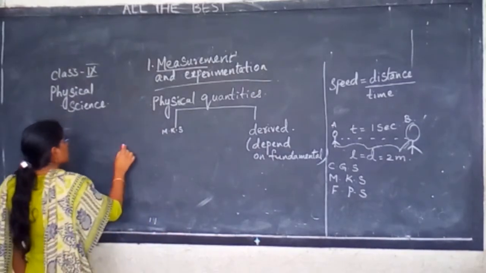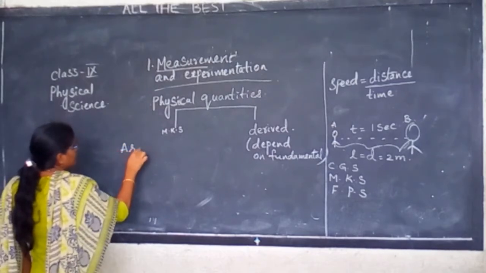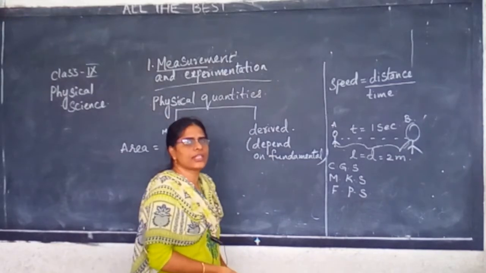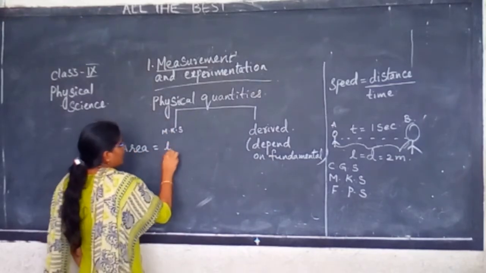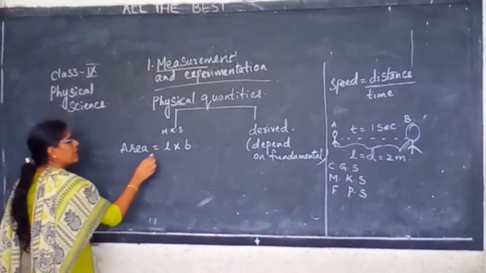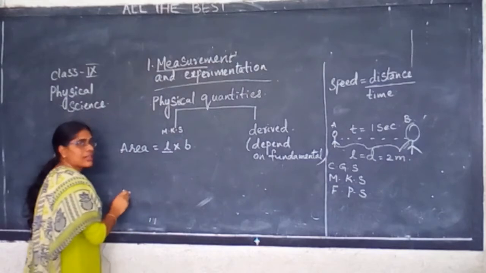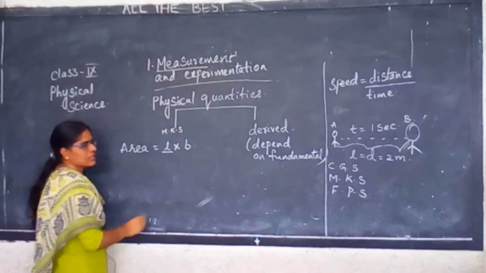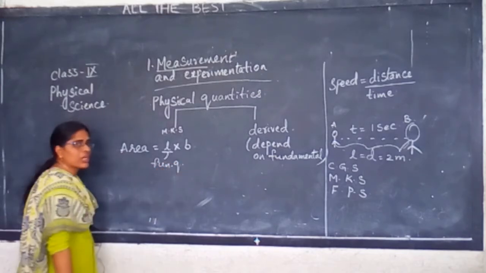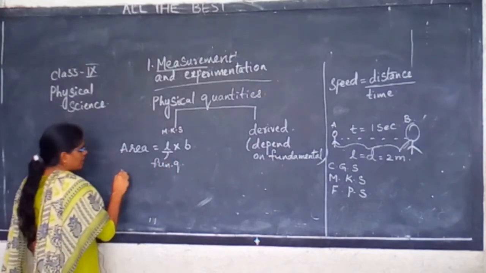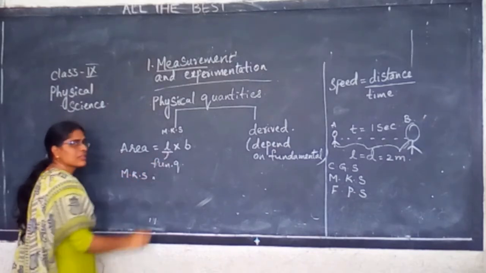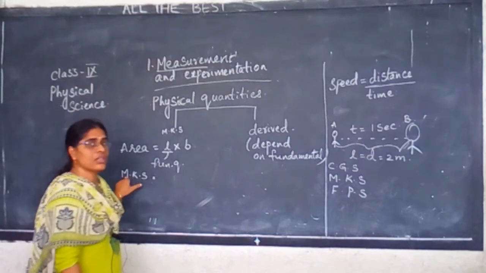Simple example you see. Area of a rectangle. Let us see. How do we find out area of a rectangle? L into width. Okay. L indicates length. Which quantity is it? Is it a fundamental quantity? It's a fundamental quantity. Let us take in MKS system. How to measure length? Length we will measure in meters.